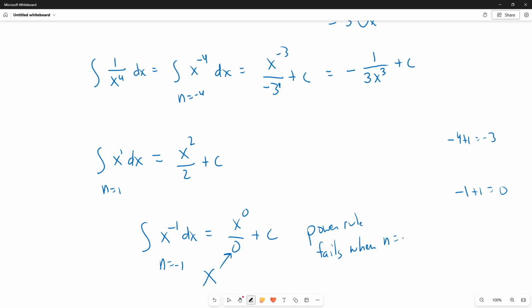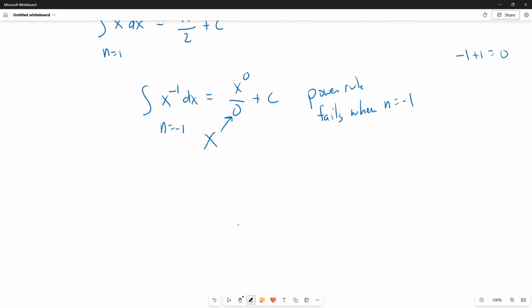How do we integrate this? Well, let's try it again. Let's take our integral of x to the negative 1. Writing it as a negative power did not help, as we just saw. So let's rewrite it without the negative power and just see if it looks familiar. So now we're looking for a function, an answer, where the derivative of the answer is 1 over x.